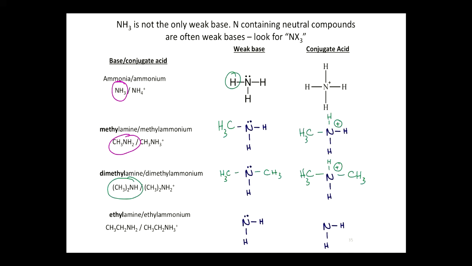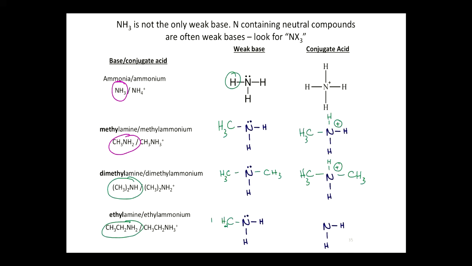Now ethylamine. Notice this is what you're going to find on paper. We don't draw out the full formula. Ethylamine, squint your eyes. It looks like ammonia with some spaghetti attached to it, where one of those hydrogens now has a 2 carbon chain instead.